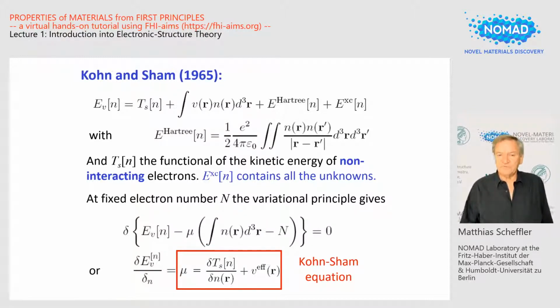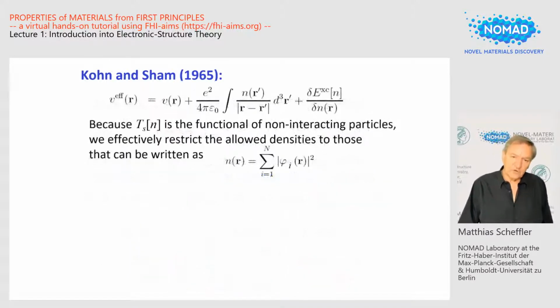And if you put these things to the left and the right side and put in for EV what is on the top, I see that the variation of the total energy functional with respect to the density means mu equals the derivative of the kinetic energy functional plus the effective potential, where the effective potential is the functional derivative of the top. That means the Coulomb potential of nuclei, the Hartree potential, and the functional derivative of exchange and correlation.